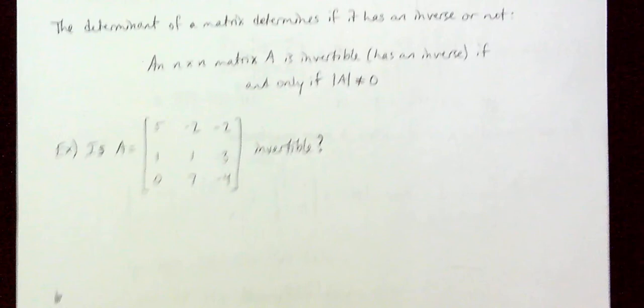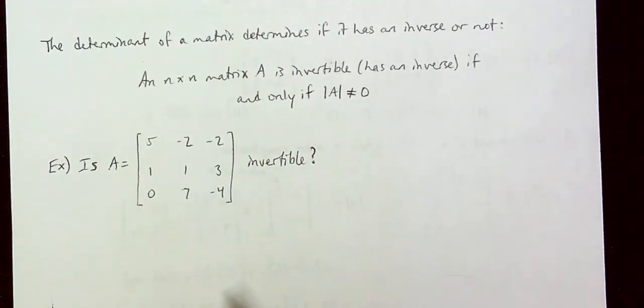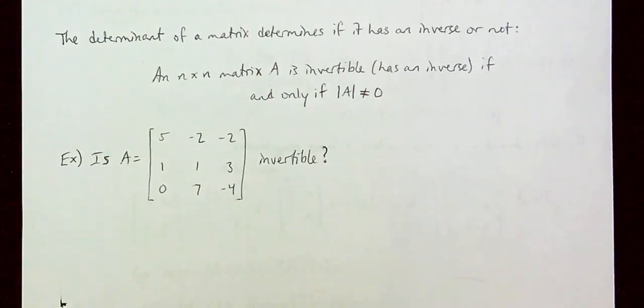Use this fact that we just said here and calculate the determinant of this matrix. If it's not 0, yes, it is invertible. If the determinant is equal to 0, then no, not invertible. So pause the video. Once you think you have the answer, press play, and we will see if you are correct.